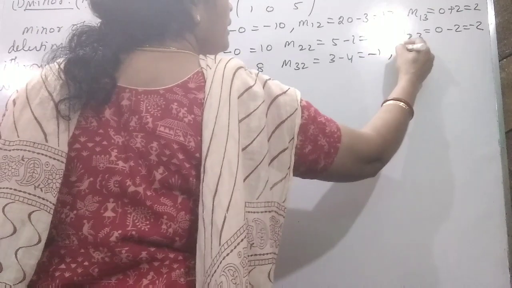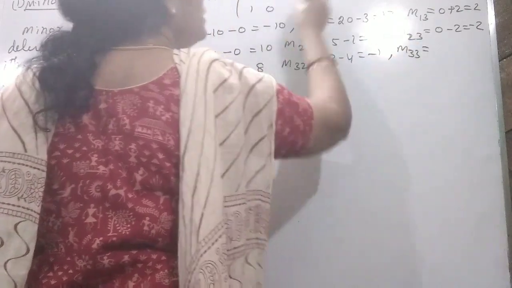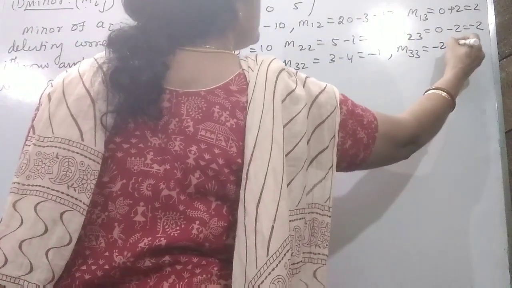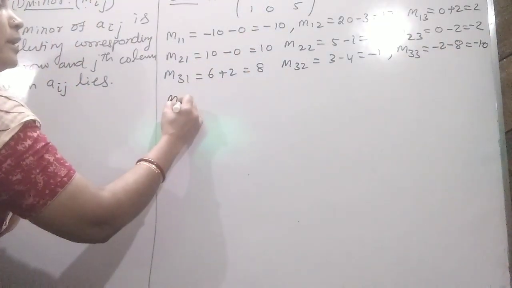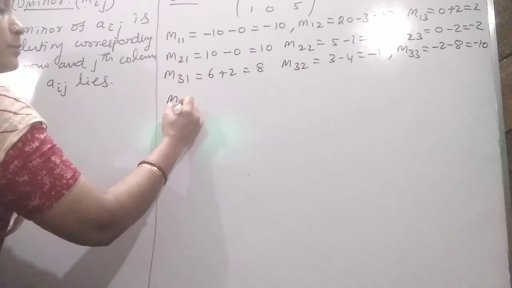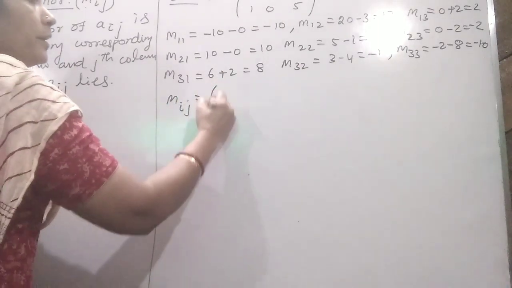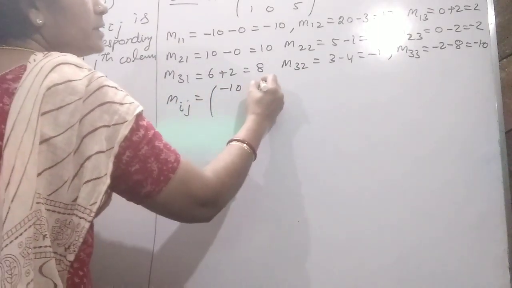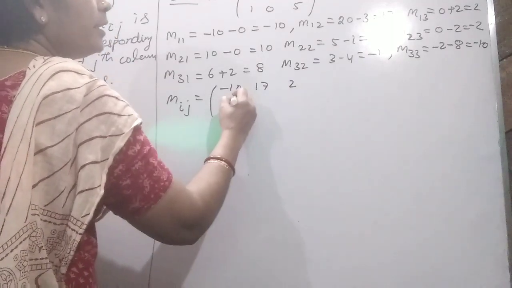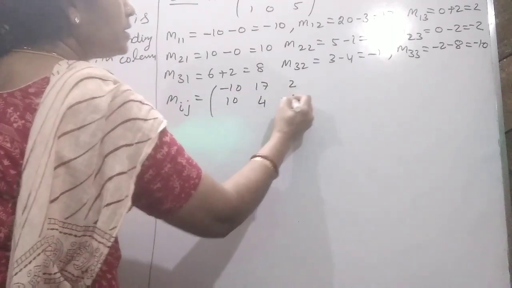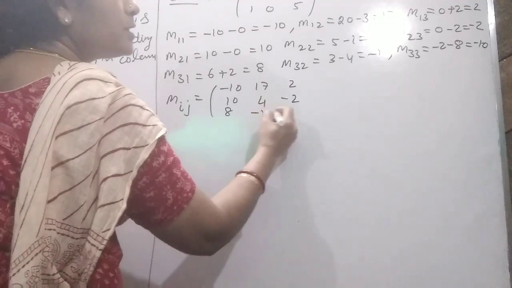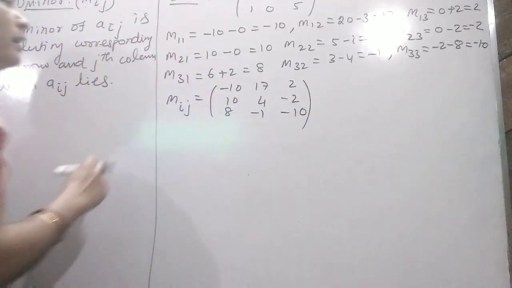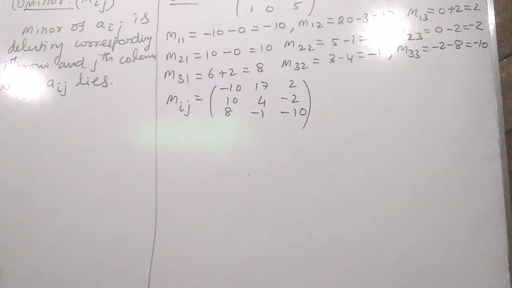Then M33, third row, third column, we get minus 2 minus 8, that is equal to minus 10. So the minor of the matrix, Mij, we are getting minus 10, 17, 2, then 10, 4, minus 2, then 8, minus 1, minus 10. Like this, we get the minor of the matrix.